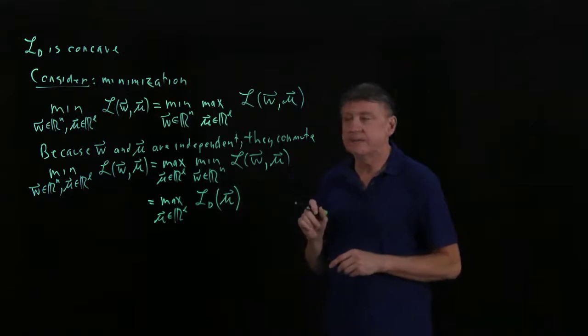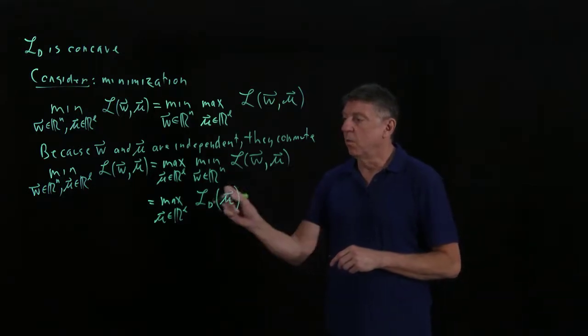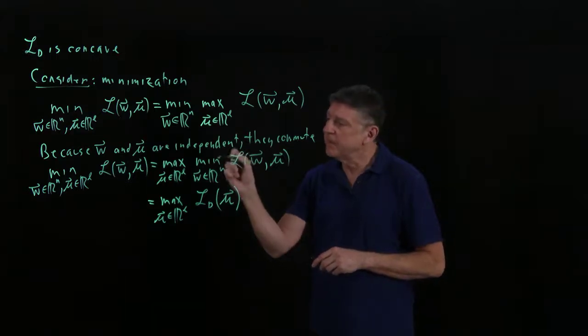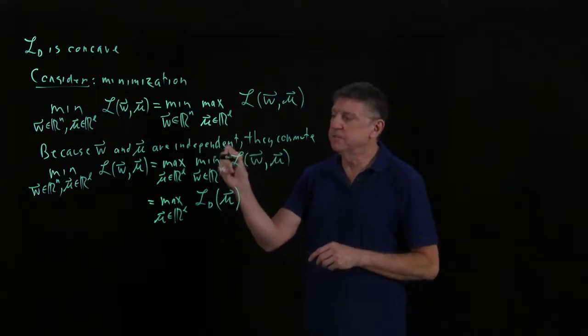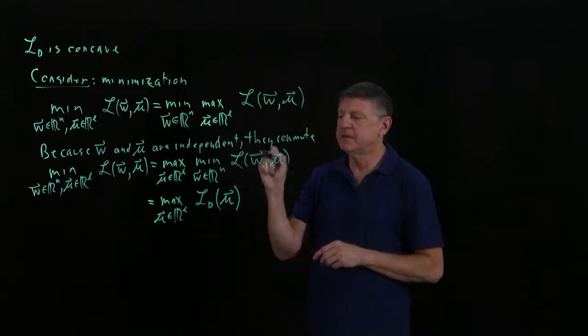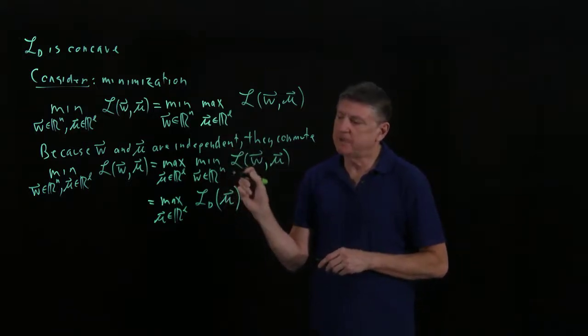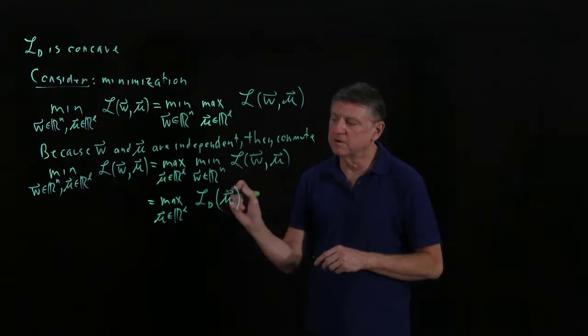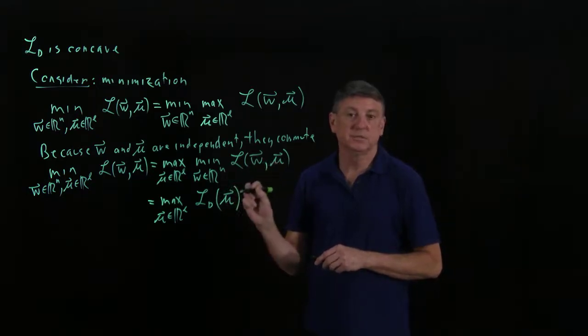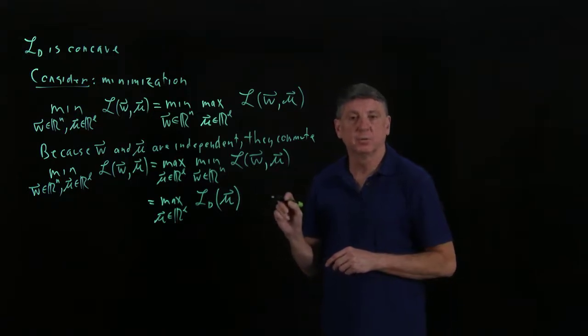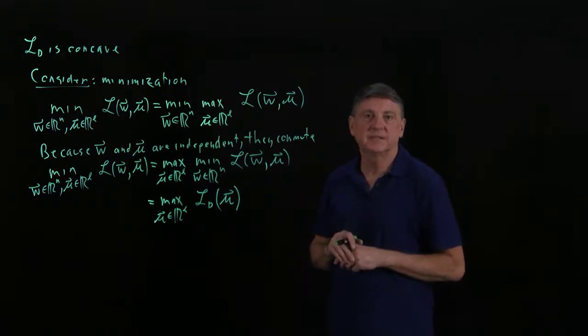Now, the whole trick in this is the definition of the Lagrange dual, right? We said that it was the minimum. We had to do a minimization. Well, if our Lagrange function has certain simple forms, we can write that minimization in a closed form. So that's what we're going to do in a subsequent session.